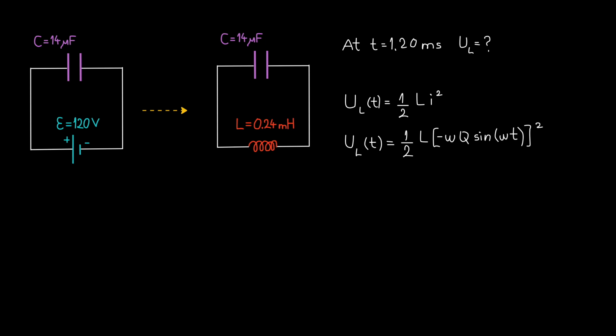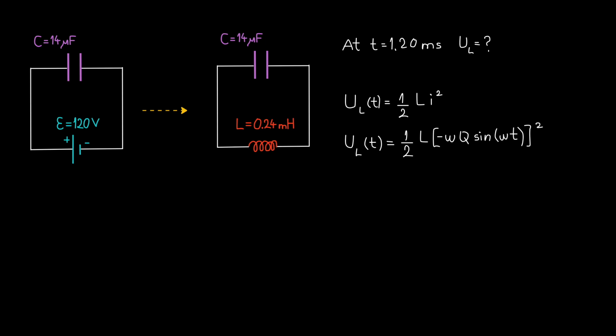Here I have substituted the time-dependent formula for current in an LC circuit. Current is equal to negative omega Q times sine omega t. Again, omega is the angular frequency of our LC circuit, and capital Q is the initial charge accumulated in the capacitor. That's the charge that was on the capacitor when it was fully charged by the 120 volt EMF source.